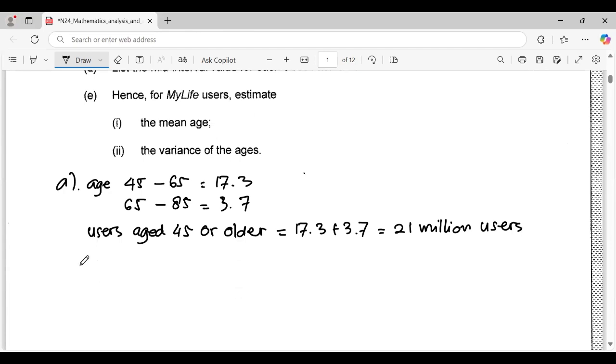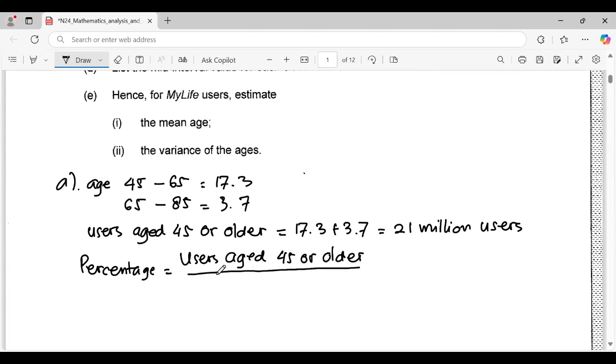Next we're going to find the percentage. The percentage equals users aged 45 or older over the total number of users, times 100%.